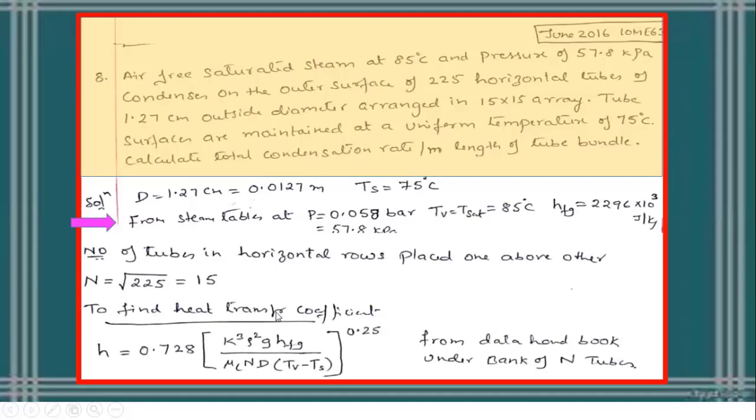So to find the horizontal heat transfer coefficient, go to the expression for a bank of tubes. In h average you will have an extra term, n. n is the number of horizontal rows, and D is the diameter of the tube. Then substitute for k, rho, g, hfg and all these which we obtained from the data handbook.